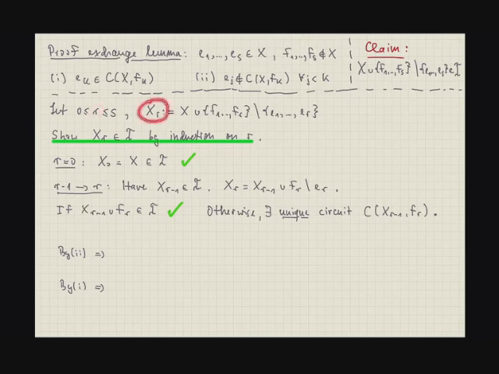I define the set Xr, which you could see as the rth step in the iterative procedure, where I first exchange E1 by F1, that gives me X1. Then, having done that, I exchange E2 by F2, that gives me set X2, and so on. So at the end, we will have exchanged all the elements, and Xs is actually the set that we want to be independent.